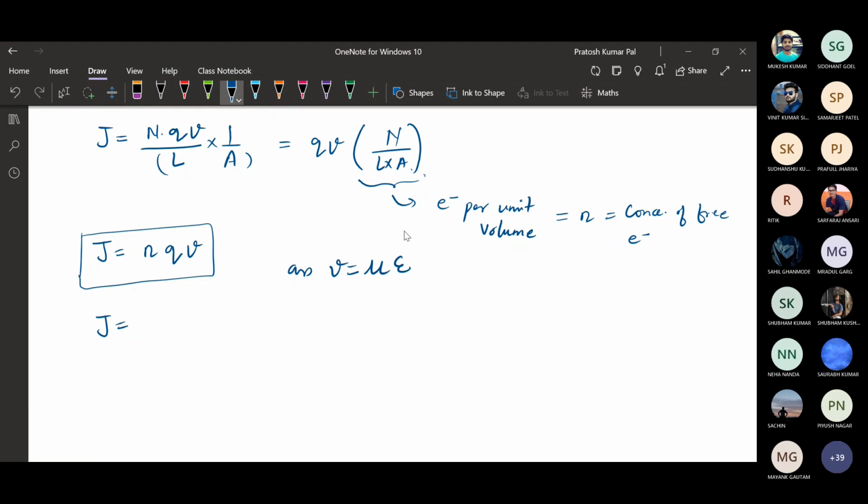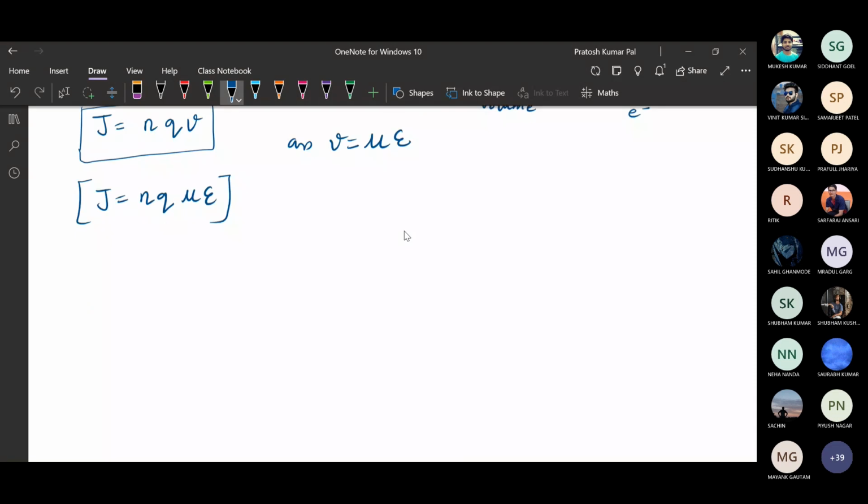So we can write here N Q mu and electric field, that is E. So this is another formula to represent the current density, and this term is basically considered as sigma. So your sigma is your conductivity. So here this J we can further write as sigma into E.